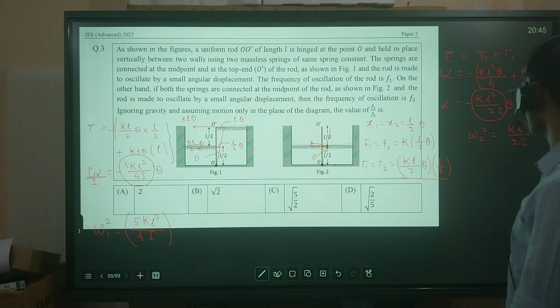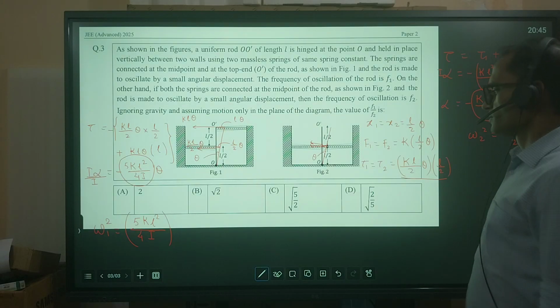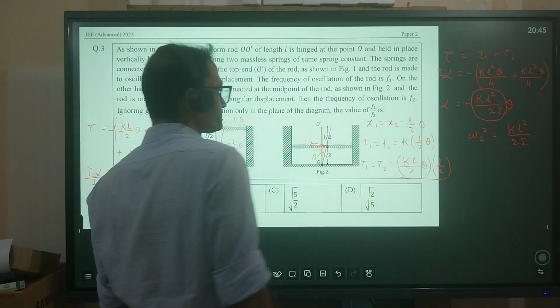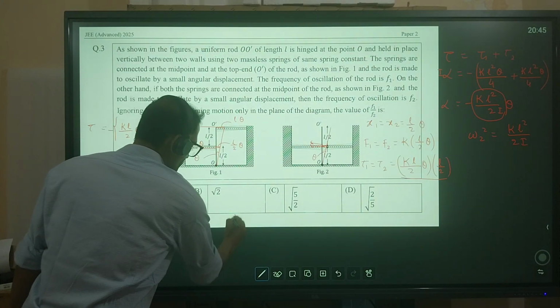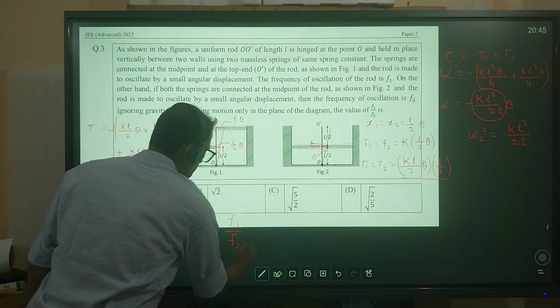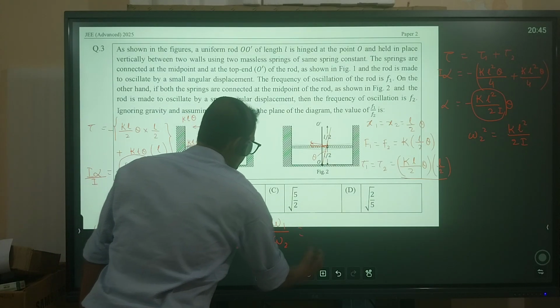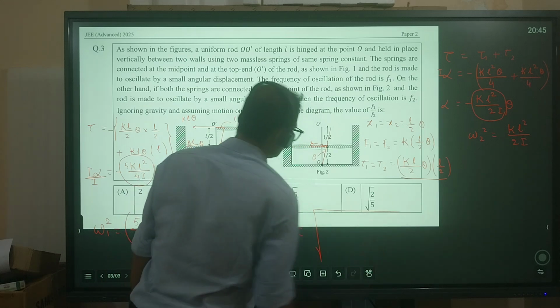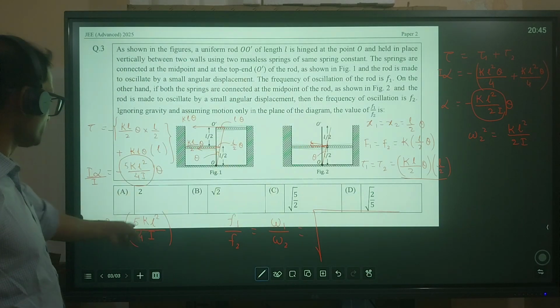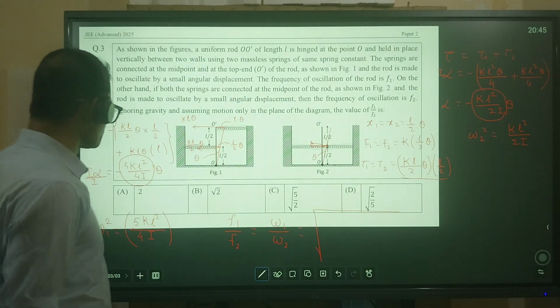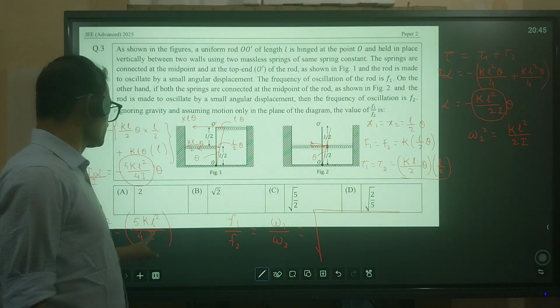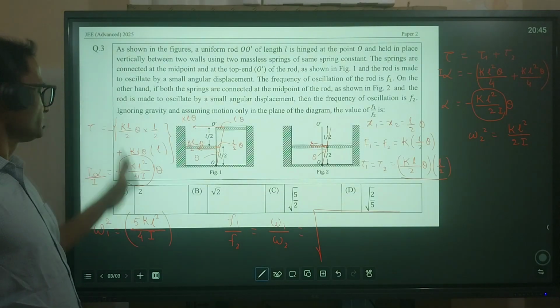And what we have to find is f1 by f2, that will be omega 1 by omega 2, and that will be under root, because those are squares.